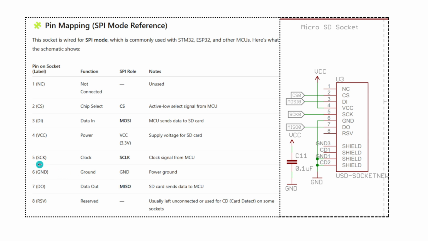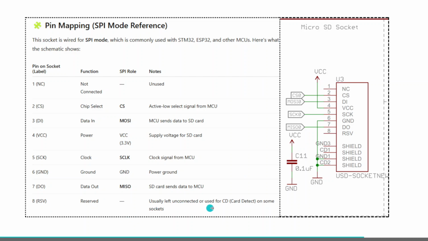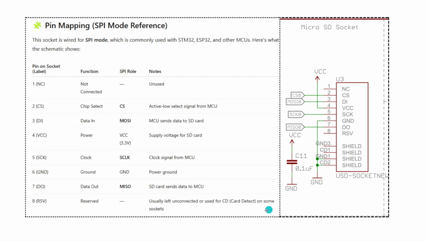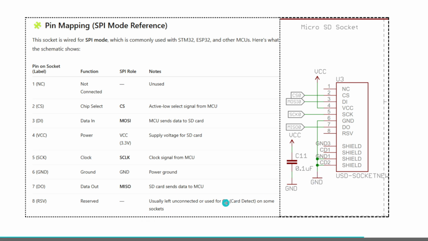When it comes to clock, this is basically where the MCU controls the signals, when to read and so on. Pin number 8 is usually left unconnected or used for card detect on some sockets. When you are using it for card detect, you need to pull this down, and whenever a card is physically there, the logic level will go to 0.